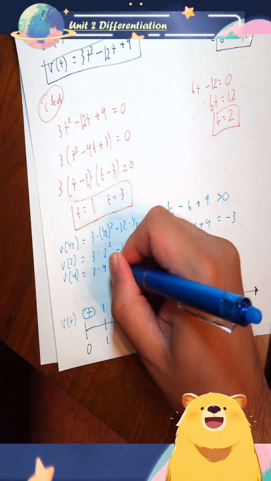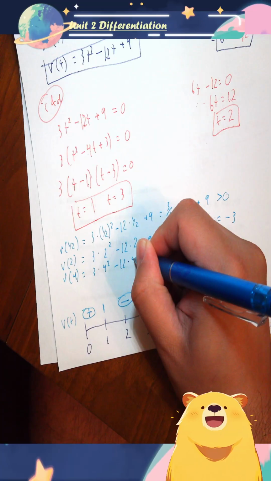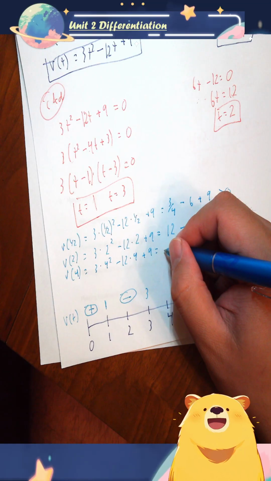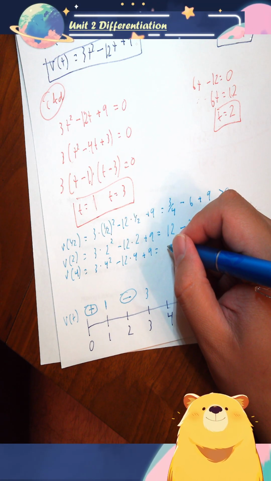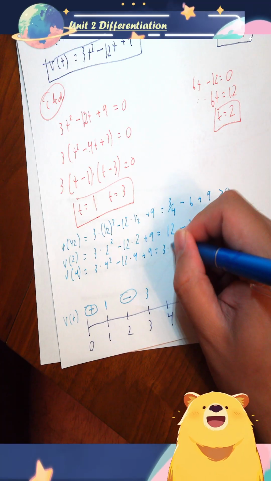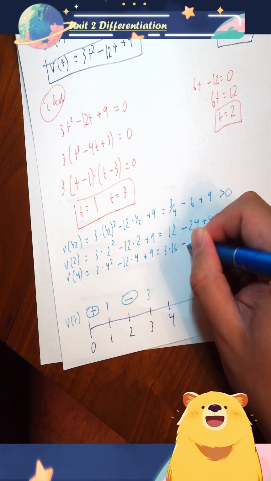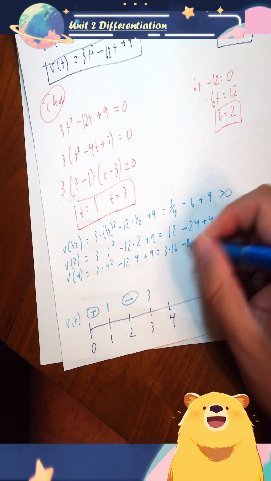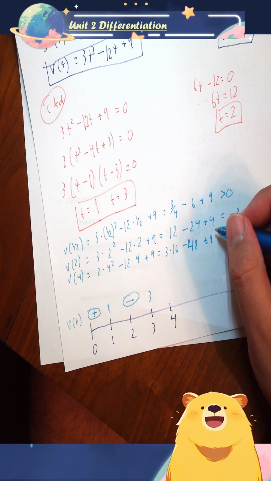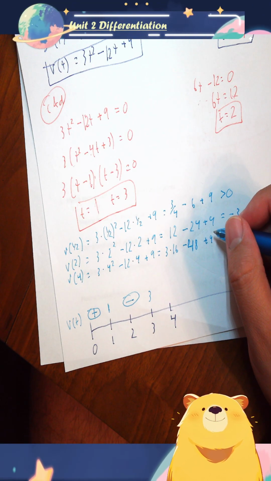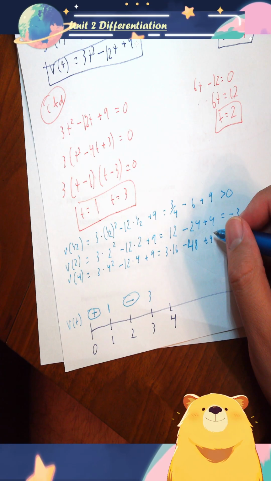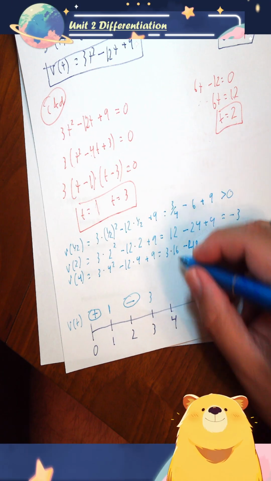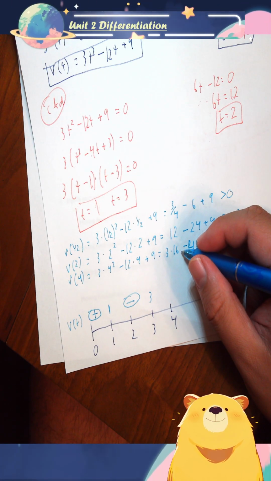3 times 4 squared minus 12 times 4 plus 9. That is going to be, okay, I'm just going to write out 3 times 16 minus 48, not 24, 48 plus 9. 3 times 16, is that 48 as well?